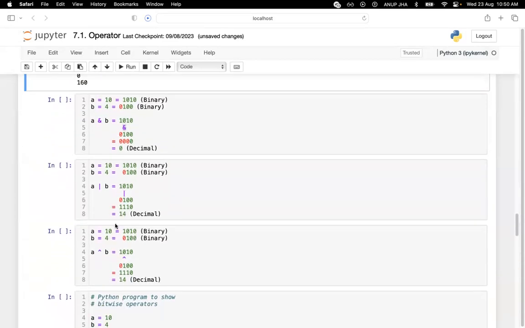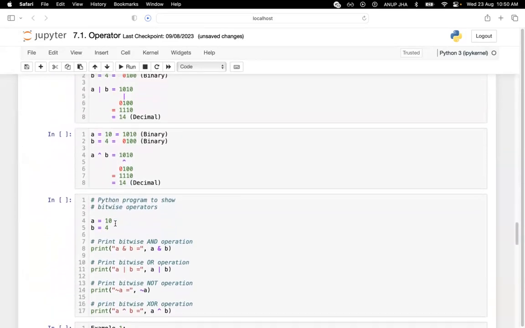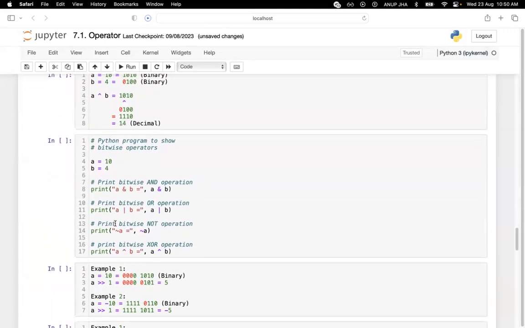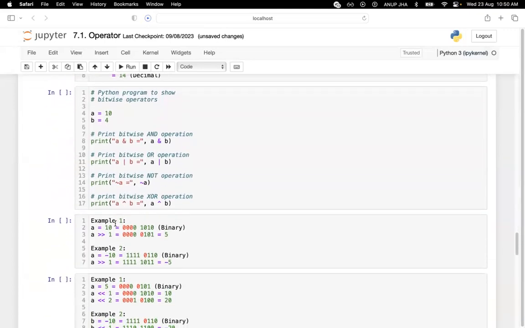If you go through this sheet, I have attached a detailed explanation here, so you will understand how this is done.